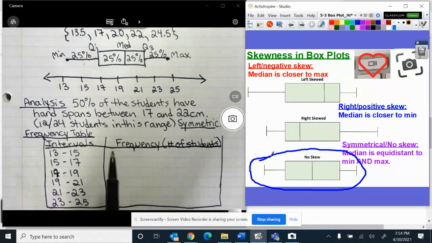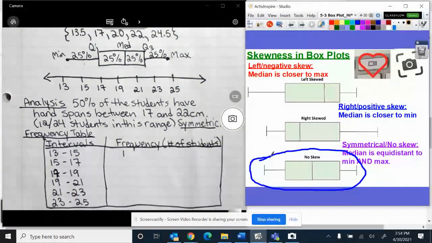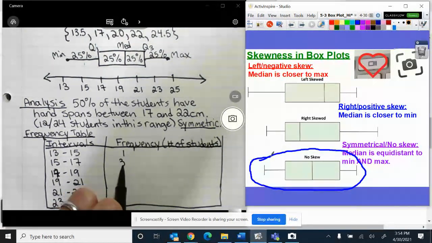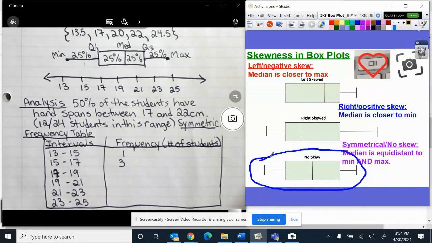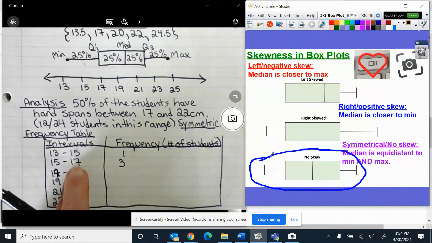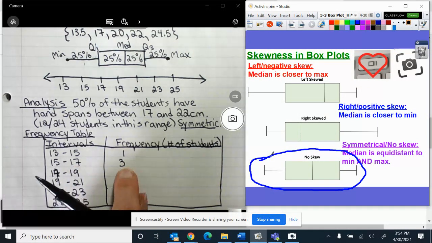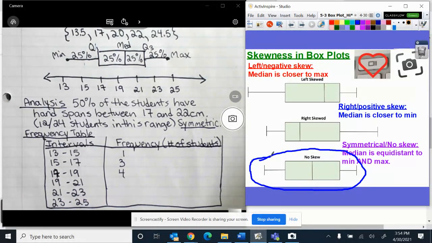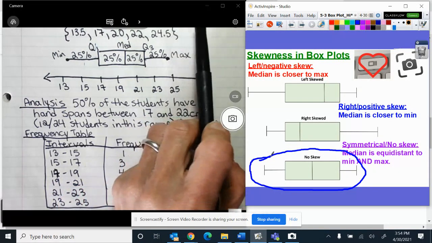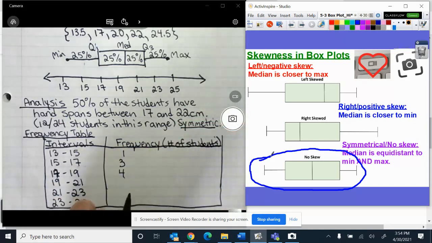Now, there is one student in the 13 to 15 centimeters range. There are 3 students between 15 and 17, not including 17. So these 3 students all had 16 centimeters. 17 to 19, there's 4 students. 19 to 21, 1, 2, 3, 4, 5, 6, 7 students.